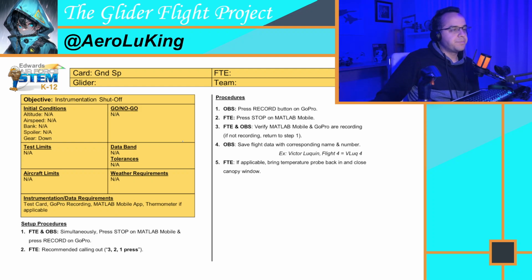it just helps. And then saving your file, we'll probably use either flight numbers, saying like flight 1 and count further up. If you want to get a little bit more complicated, you could do initials. So for example, my name is Victor Luquin, so I would do V Luke number 4, meaning, hey, I know it's me flying and it was the 4th flight.